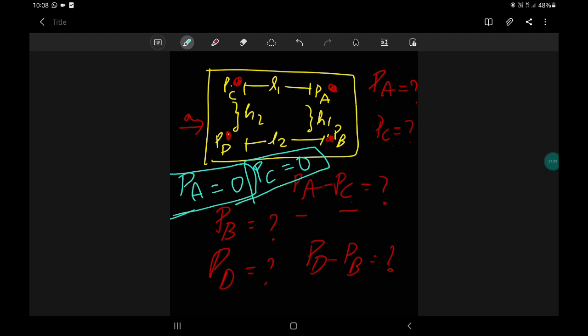So PA and PC are equal to 0. I am telling you that hint. Now I want the answers to all the 6 questions in the comment box below, related to whatever I have taught you today. And I also gave you a hint that the vessel is accelerating in the horizontal direction.